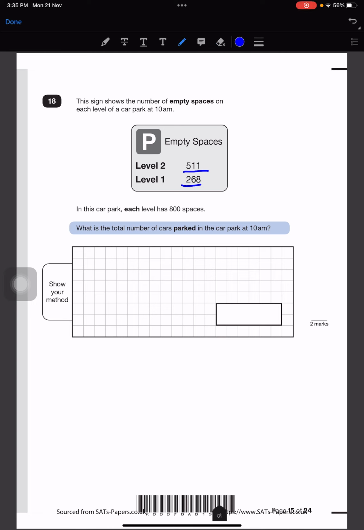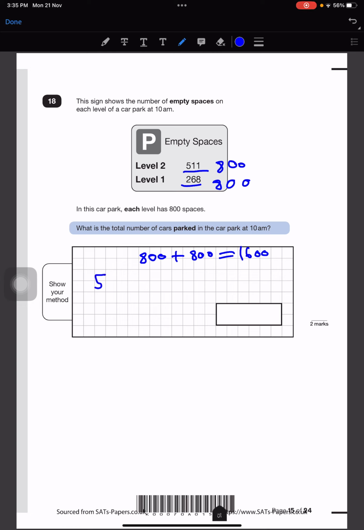Okay, so each level, so this one has 800 and this one also has 800. What is the total number of cars parked in the car park at 10 a.m.? So first we're gonna do 800 plus 800. So this is going to be 1600. There we go.